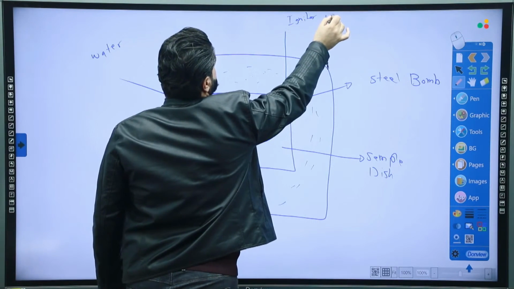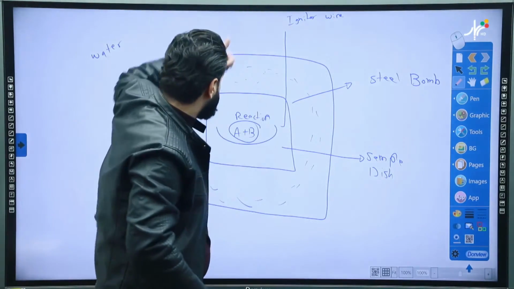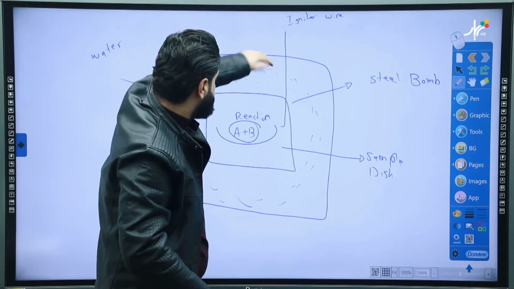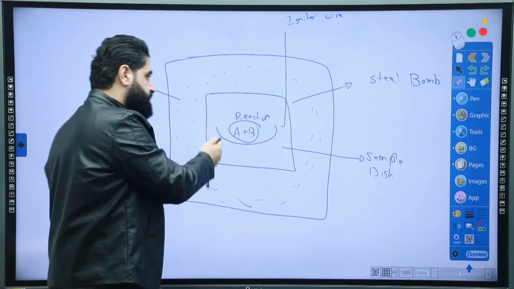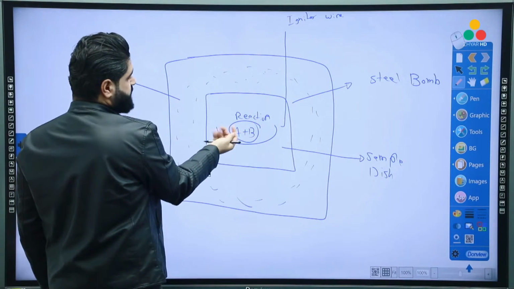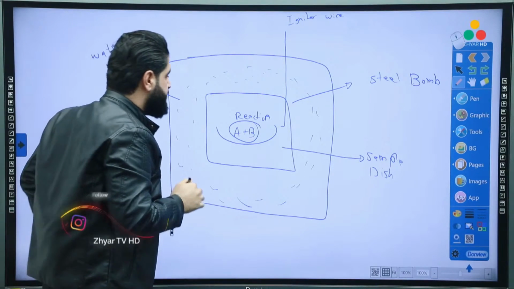Once you start, immediately it will start to react, then it will transfer its energy to water, then we can measure energy in water easily.